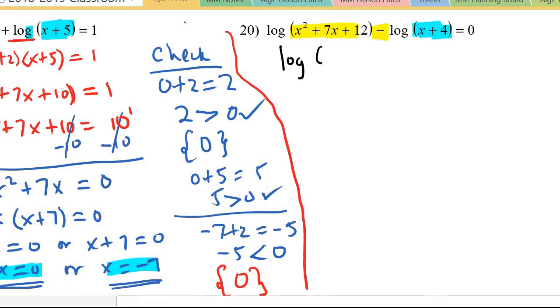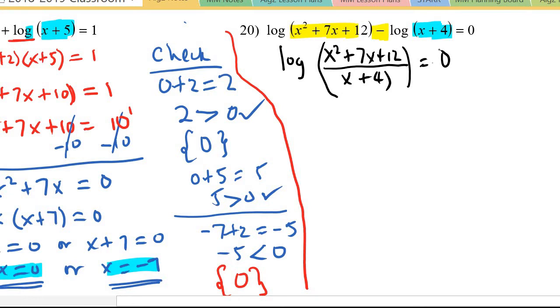I'm going to write it: log of x squared plus 7x plus 12 divided by x plus 4 equals 0. Now you say, what do we do with this? What you do with this is convert it to an exponent equation. Again, there's a 10 here that is not written.